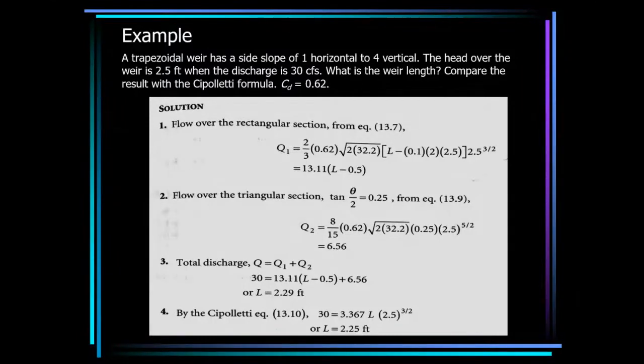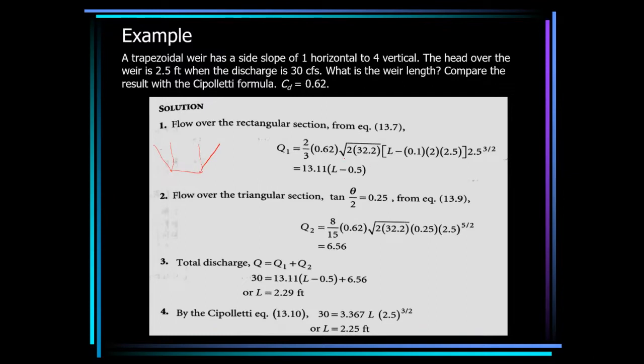Now here, the flow over the rectangular section, we will divide it into two as usual, because this is a trapezoidal section. So we divide it into a contracted rectangular weir and a triangular weir.